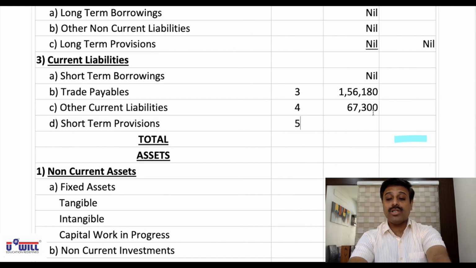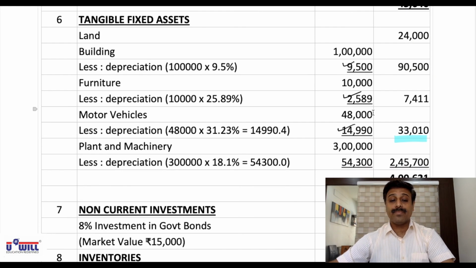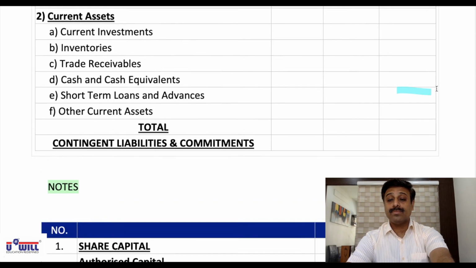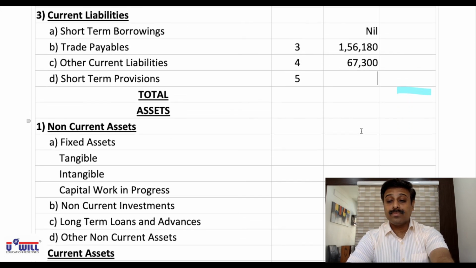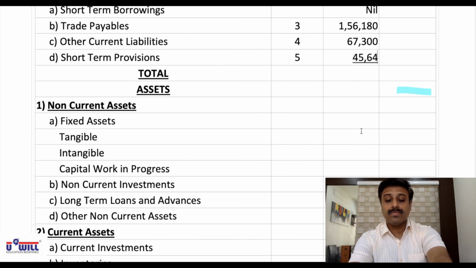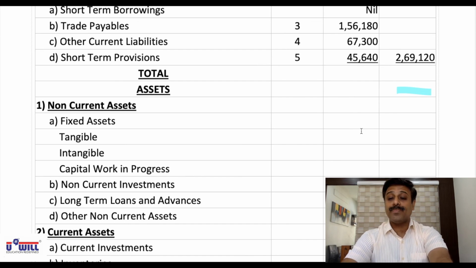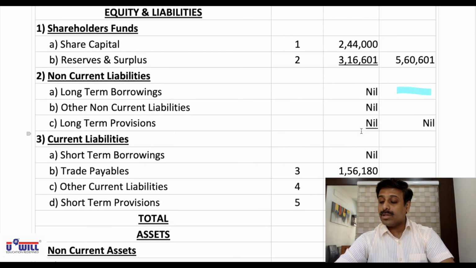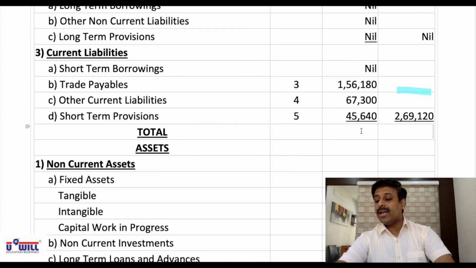Then short-term provisions, note number 5, 45,640. Total: 156,180 plus 67,300 plus 45,640, that is 269,120. Total of liabilities: 269,120 plus 560,601, that is 829,721.